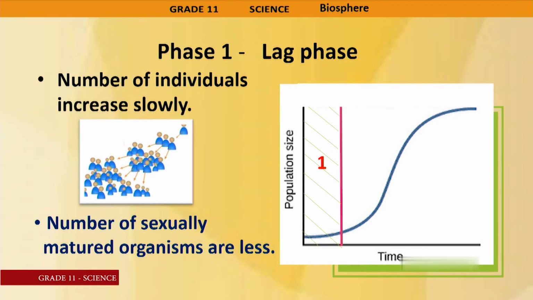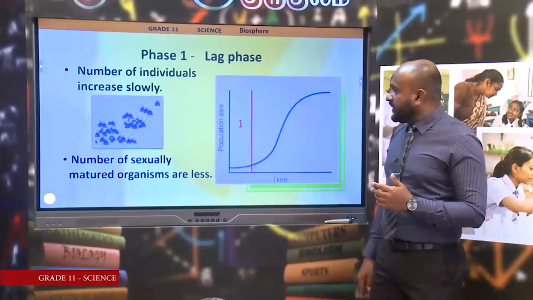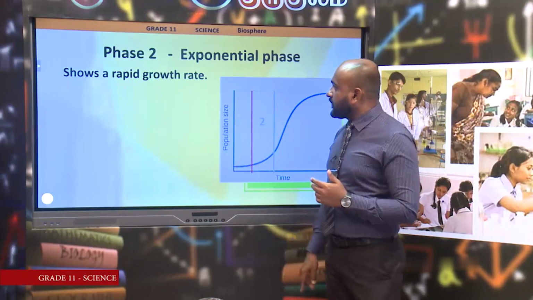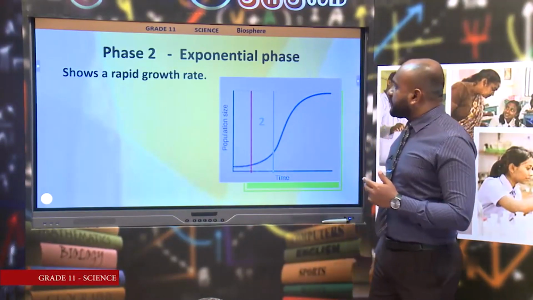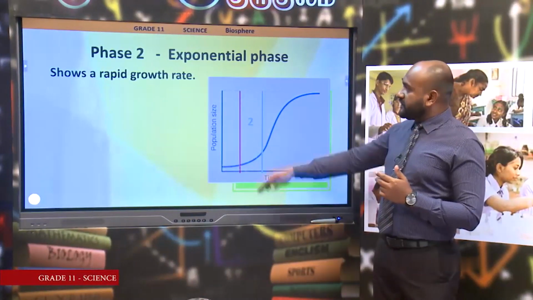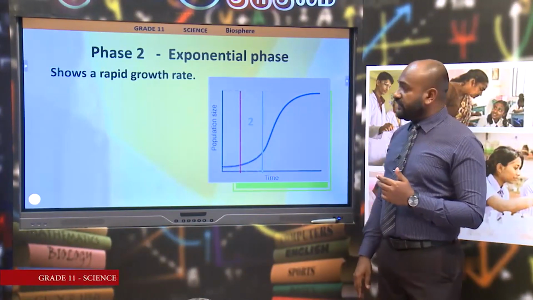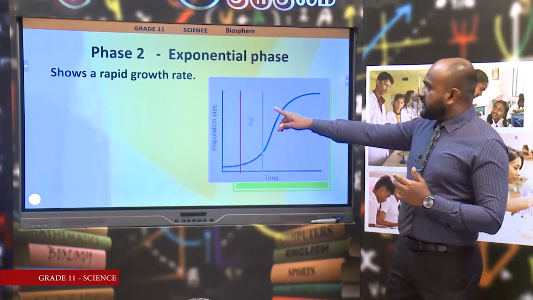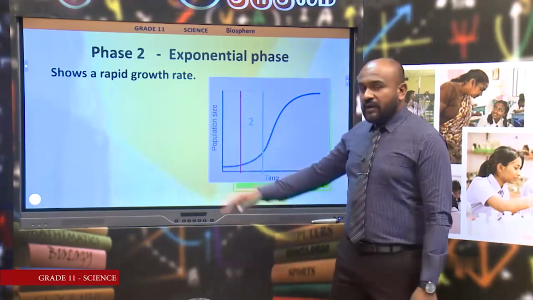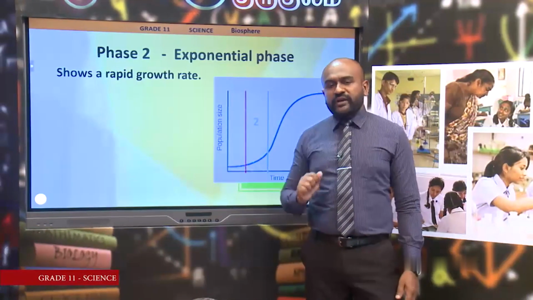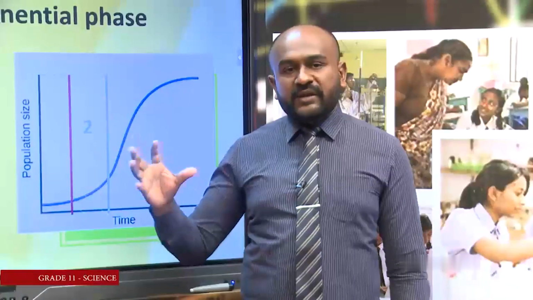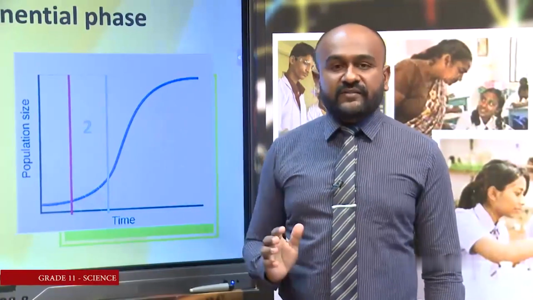Now, we go to the second phase that we see in the growth curve. Yeah, you know what it is. The exponential phase. You can see a rapid growth rate. Before you see the reasons on the screen, can you guess them? Why is there a rapid growth rate during the second phase?